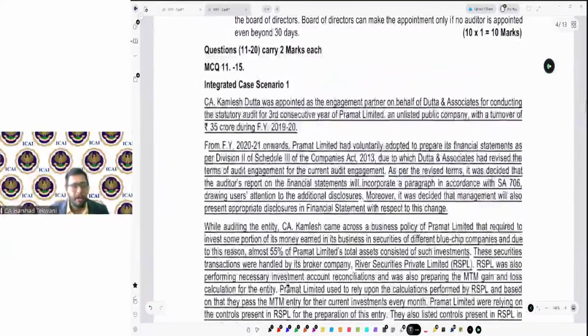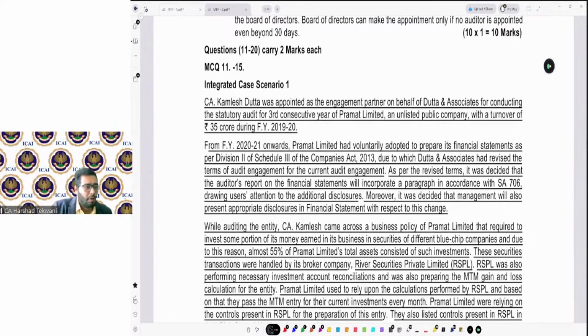Okay, so now these are certain points which are discussed in the case scenario. Basically, if I have to summarize, what are the points which are there? So, adoption of Division 2 for the first time.